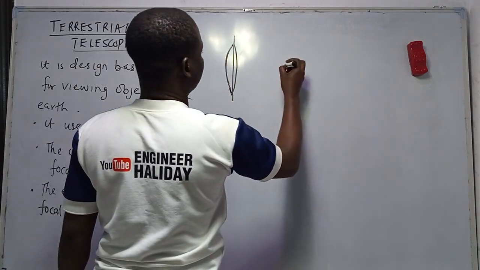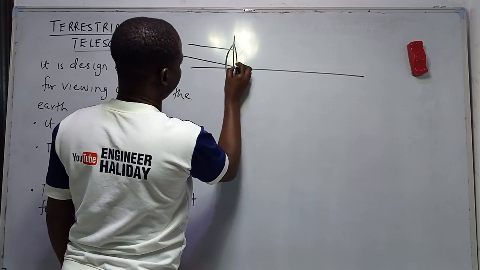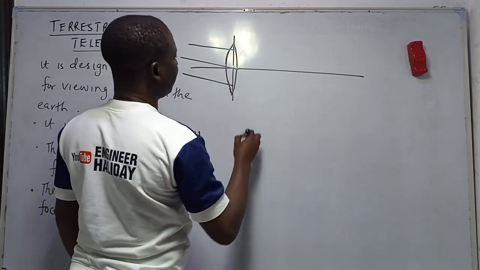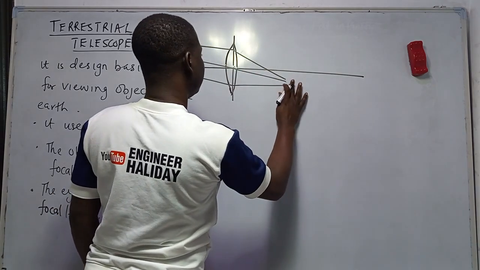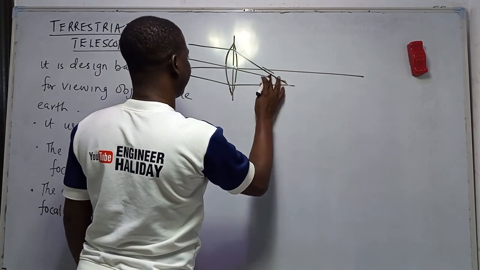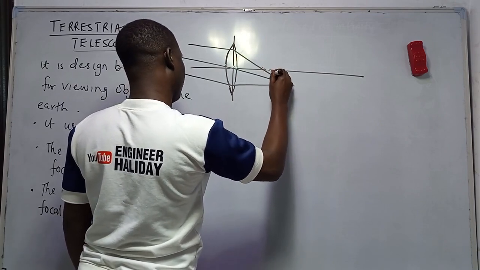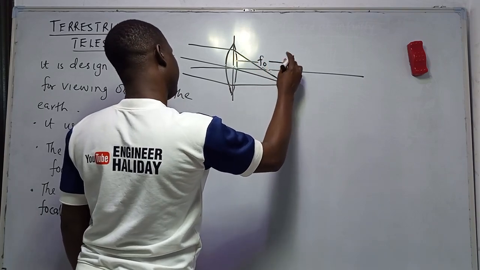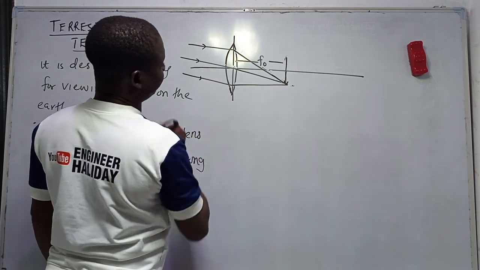Now the image is coming from infinity, and the rays will meet at the focal point, or the principal focus better, of the objective lens.